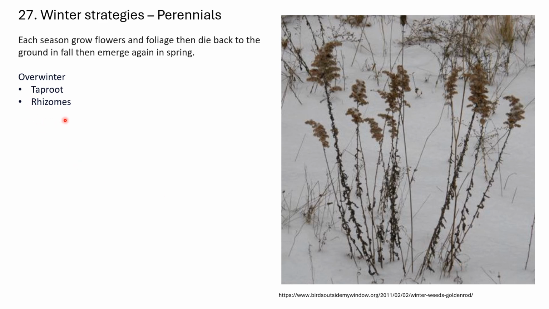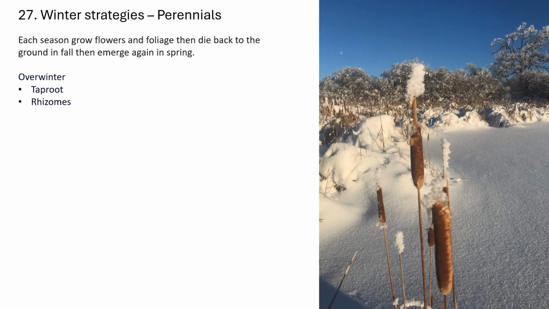I've also put in the term here rhizomes, because this is another way that some perennials, like cattail, and I've showed this picture before, we'll have an opportunity to see the above ground dead portions of cattail at site, but rhizomes, so in the wintertime, in the fall time, these plants start to translocate nutrients into the below ground portions of their bodies, called rhizomes, and then those rhizomes live throughout the winter.